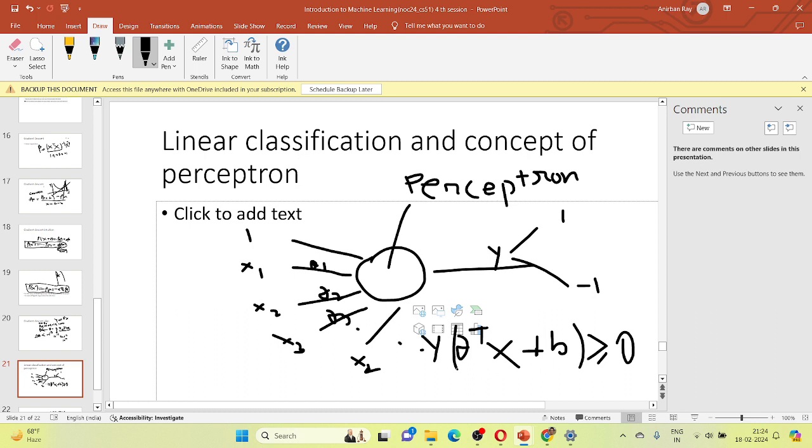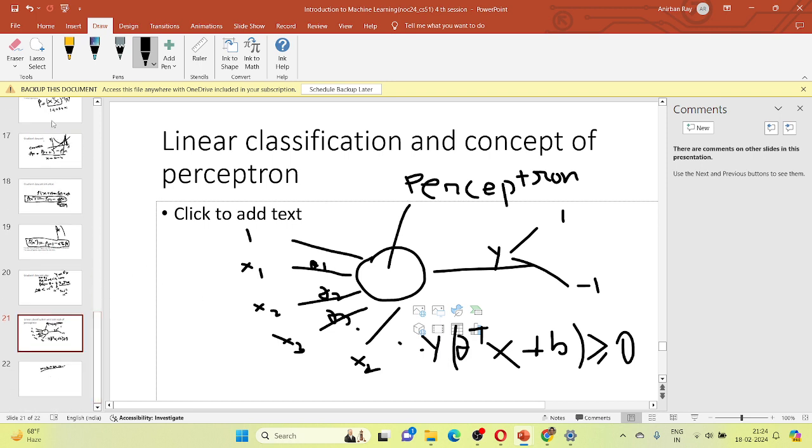And if it is less than 0, y should give the value minus 1. So this is the idea of the perceptron.